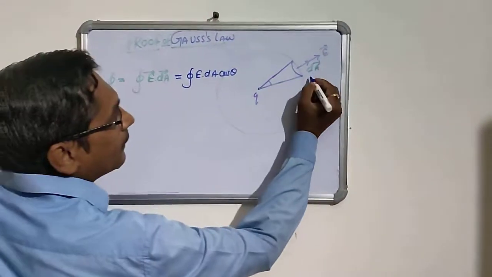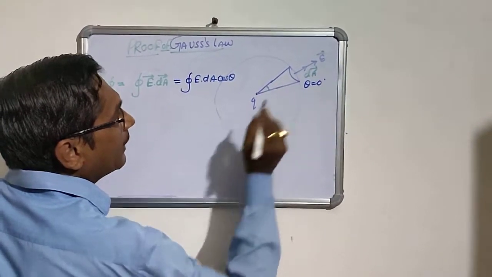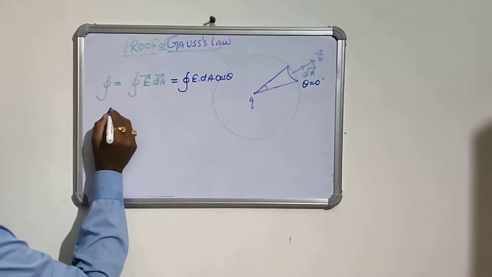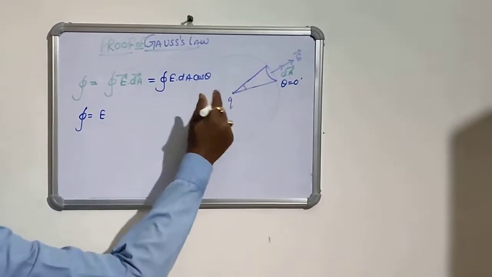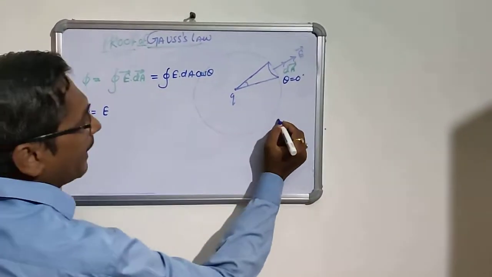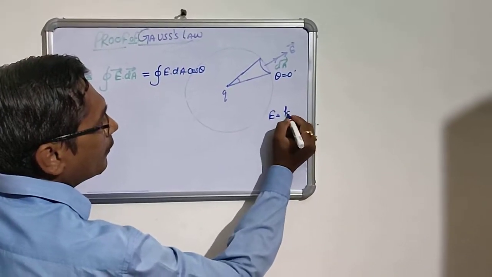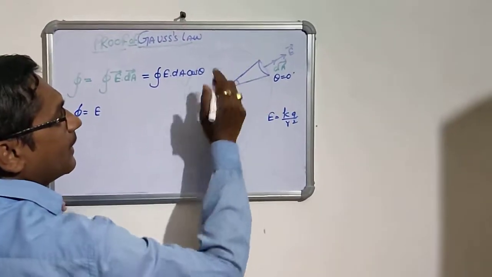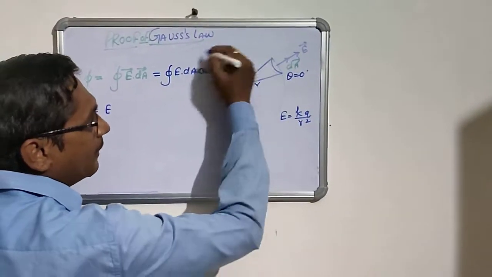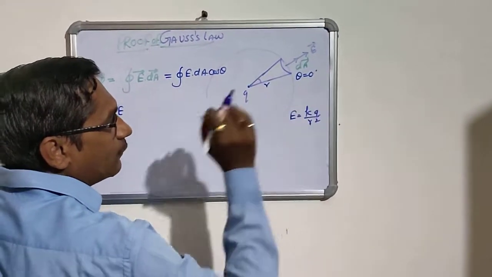In this case, theta is equal to 0 degrees. That's why phi equals E, which is constant, because the electric field depends on the magnitude of charge and distance. It is a sphere and this is the center point, so r is constant and Q is also constant.